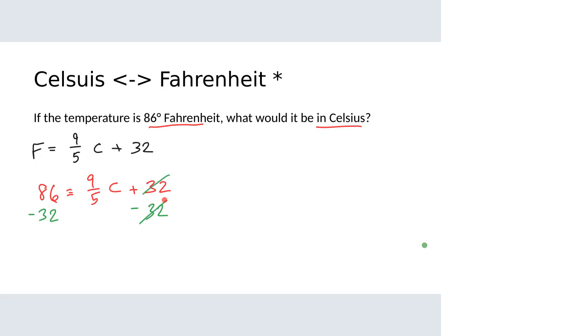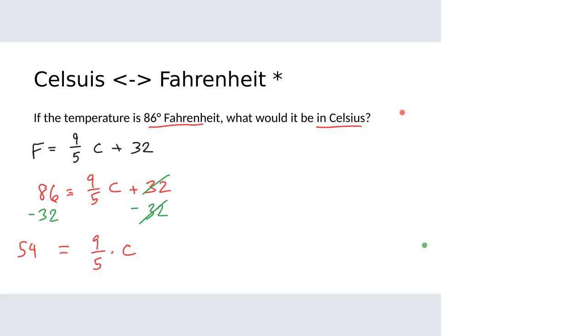On the right, they cancel, leaving me just 9/5 times c. And on the left, I have 86 minus 32, or 54. Okay, now I have to get that c by itself, which means I need to get rid of 9/5.